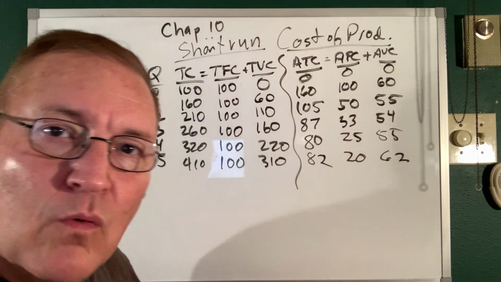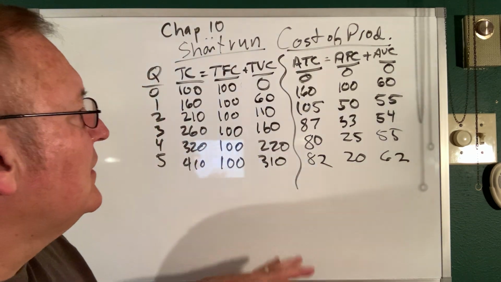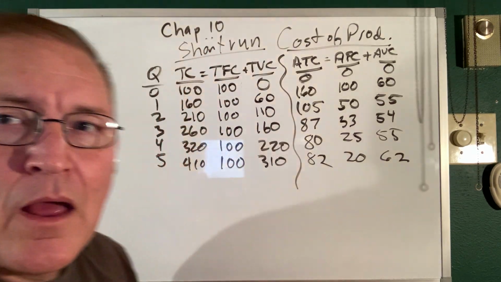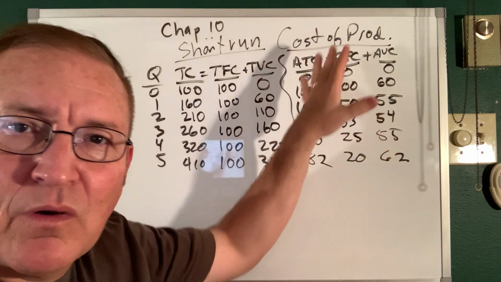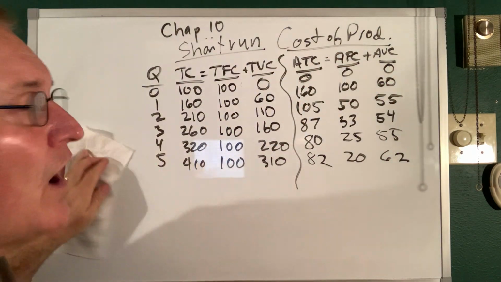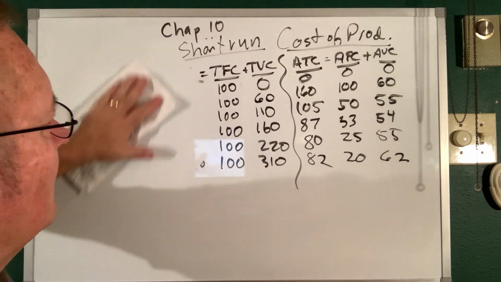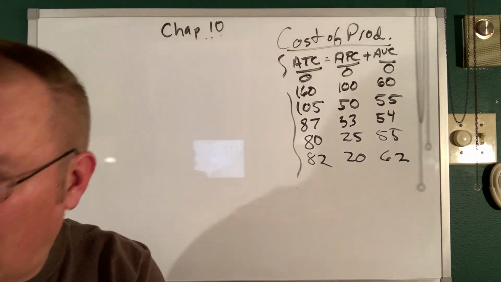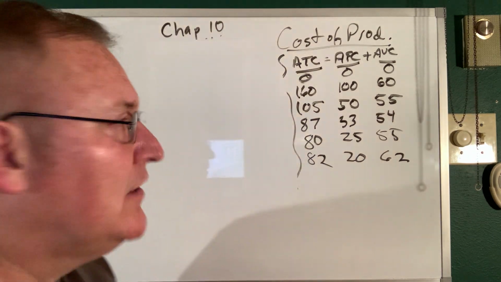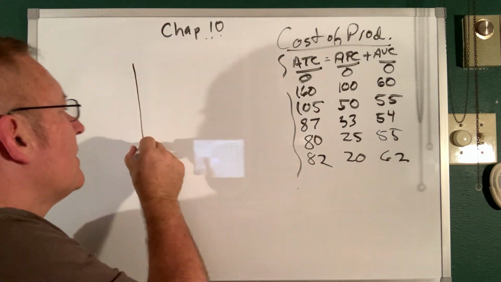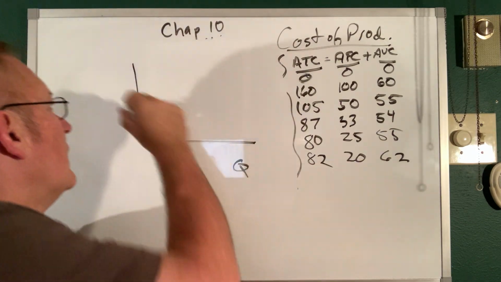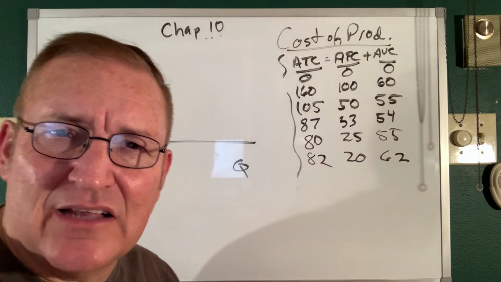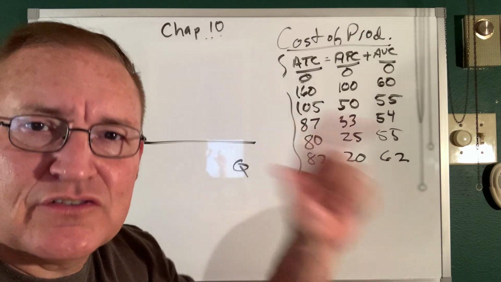But where we're going with this is I'm going to erase this so that I can draw over here. We want to graph that because we want to see what those short-run costs look like in graph form. This is pretty imprecise, but here you go. We'll start with the easy one, average fixed cost. It makes sense that our average fixed costs are going to go down, right?